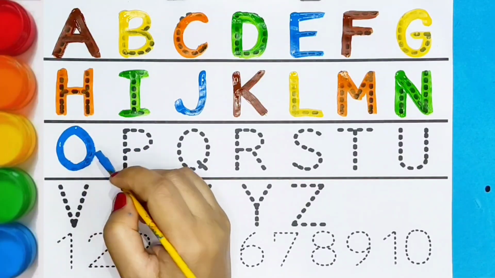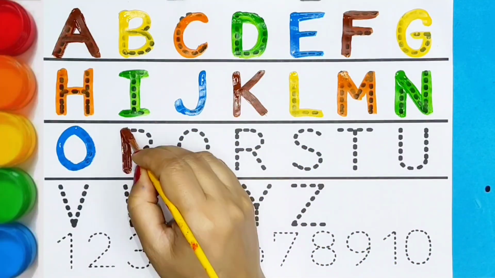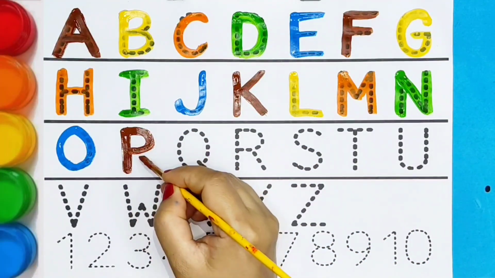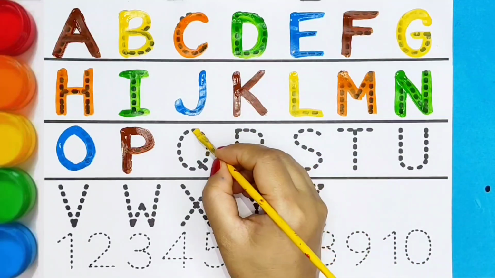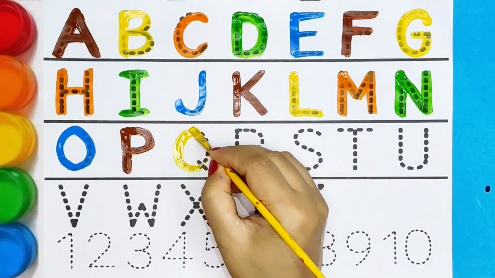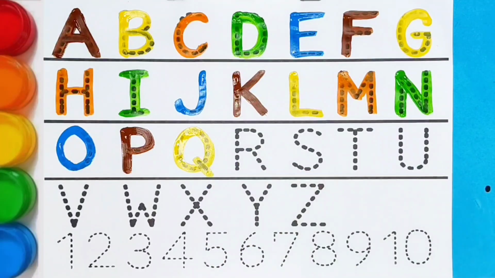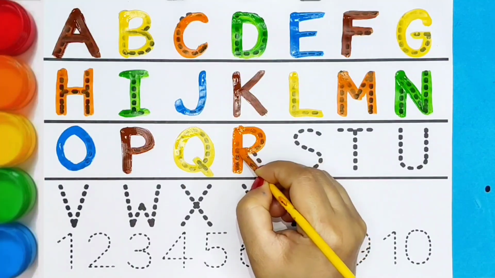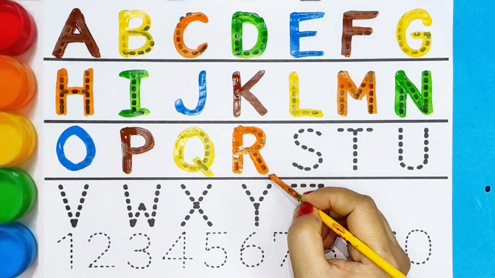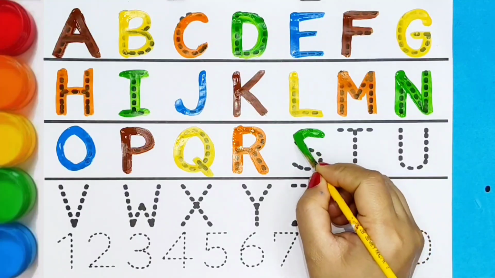O for onion, brown color. P for pencil, yellow color. Q for queen, orange color. R for rabbit, light green color.